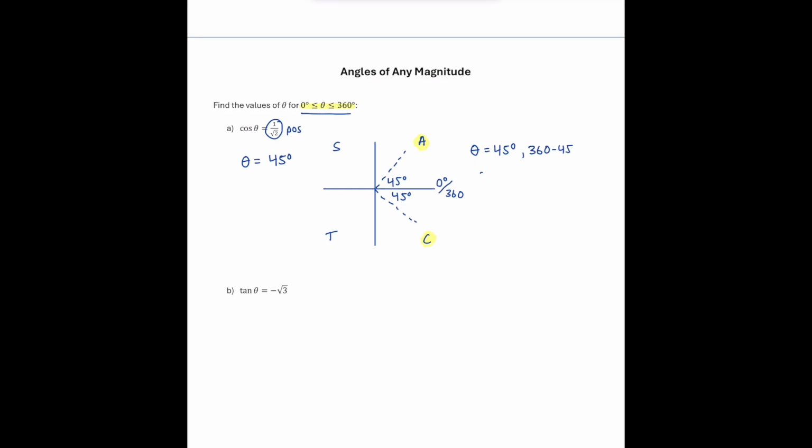So then what I have for the values of theta is 45 degrees and 315 degrees. And that 315 is this red value just here.